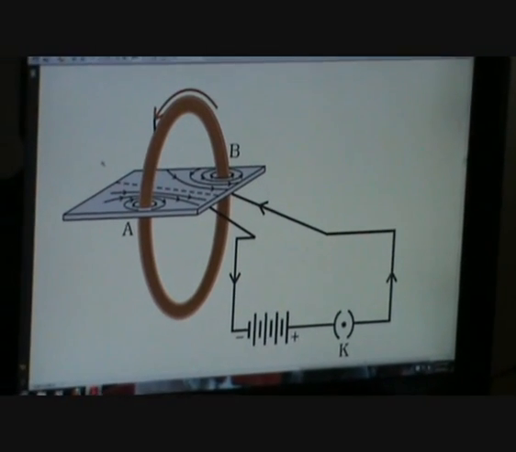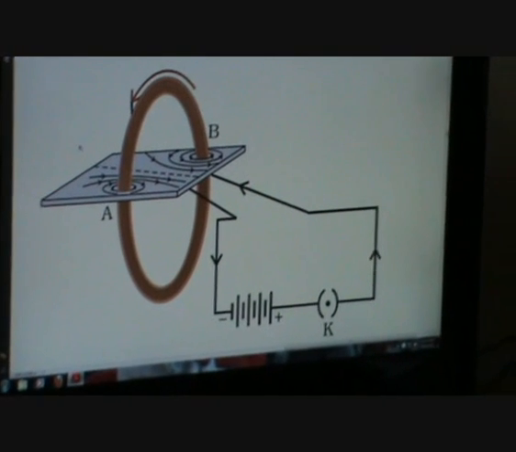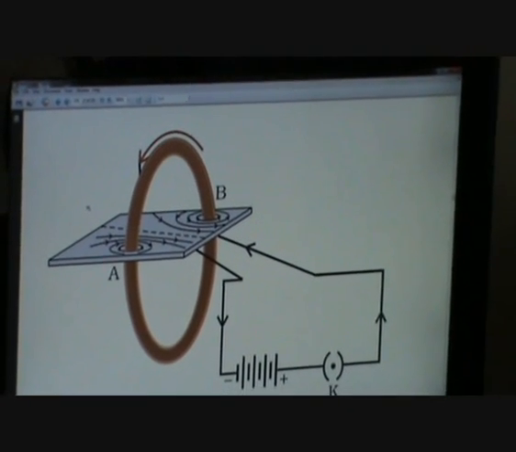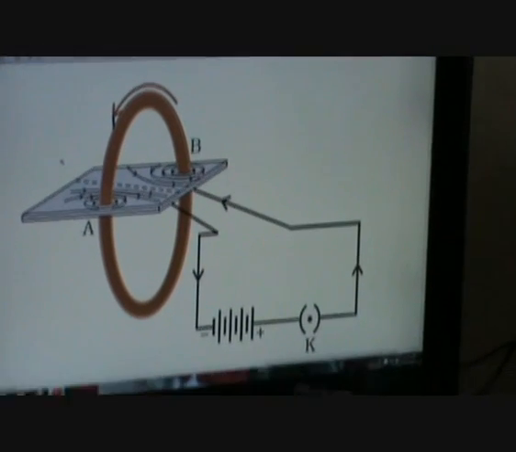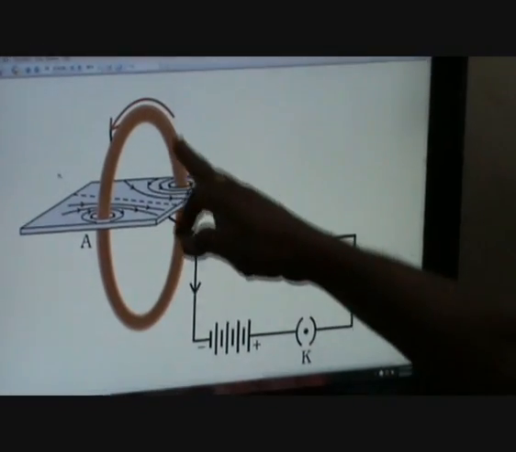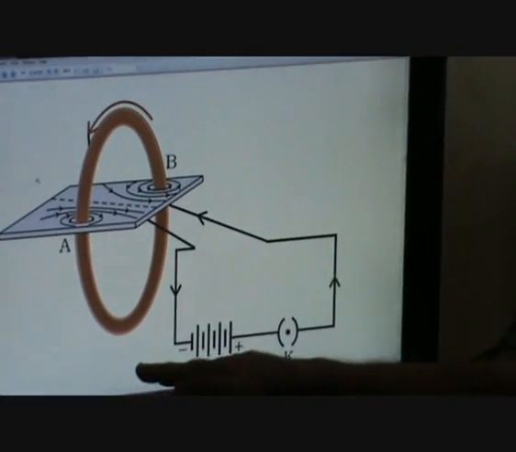Remember, one can easily find the direction of the magnetic field. So in this case, this is the positive terminal, the current is passed and then it moves like this.